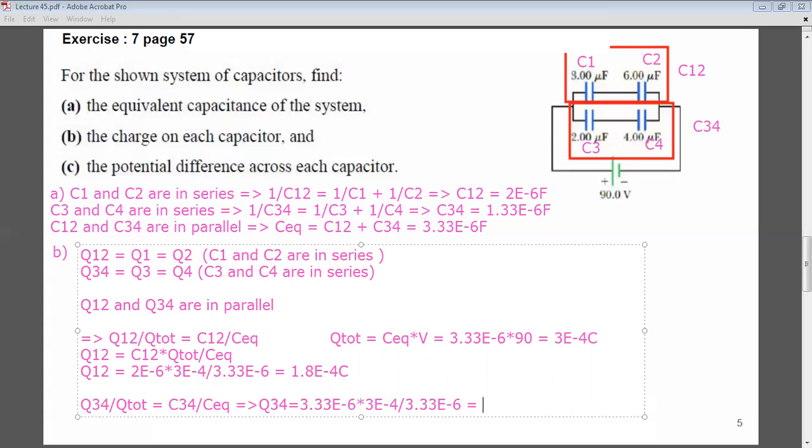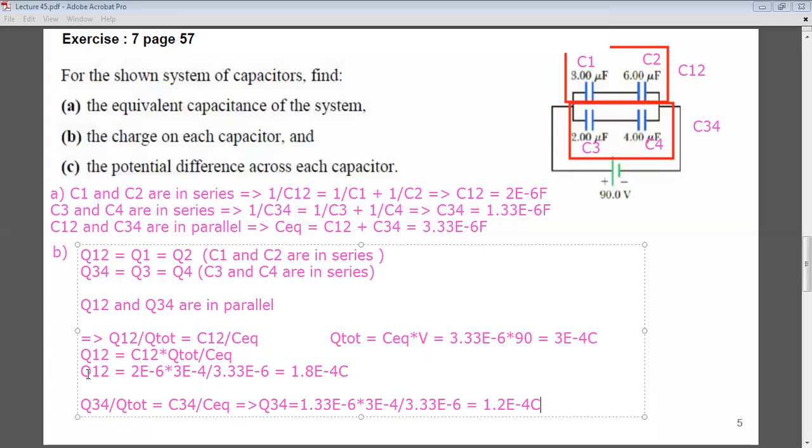And I get Q34 1.2 e to the minus 4 coulomb.